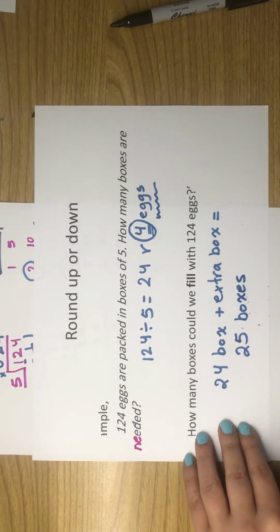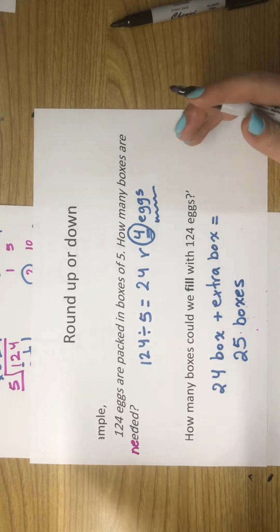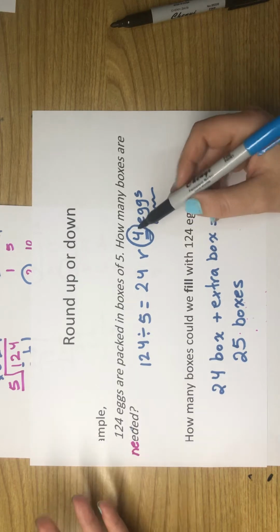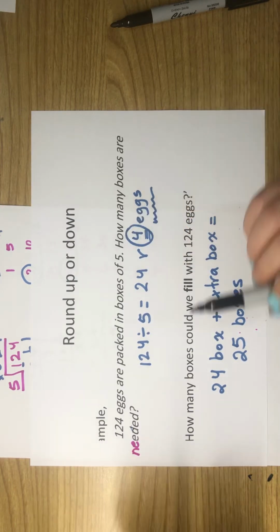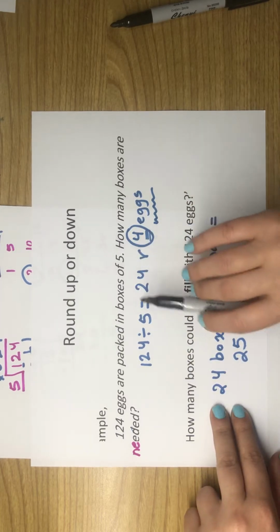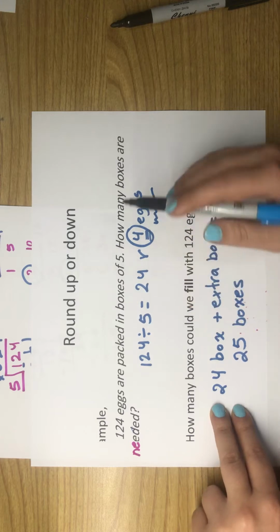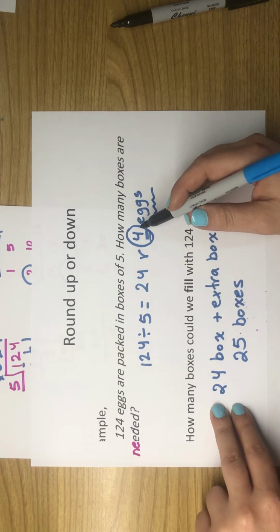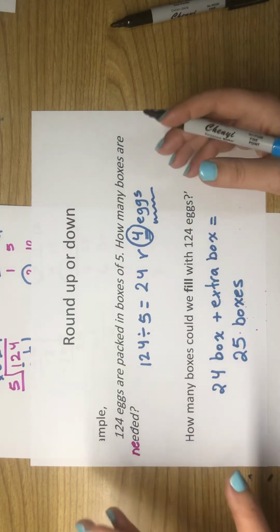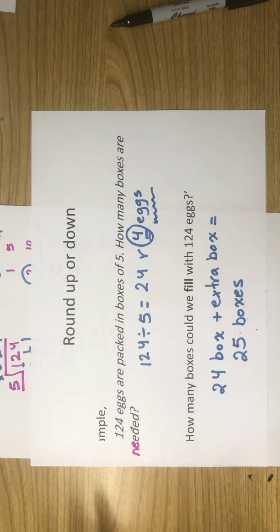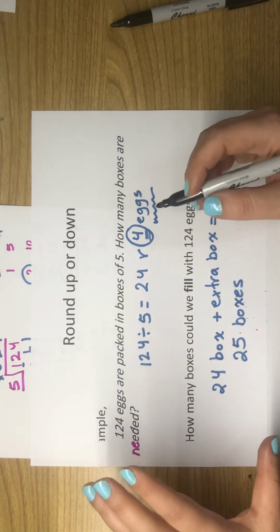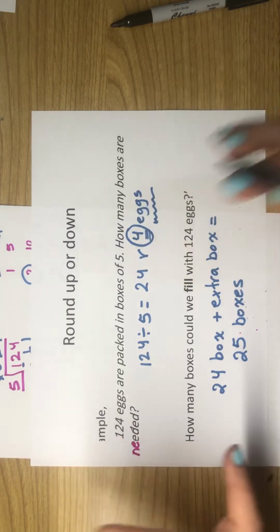Okay, this is why I needed you to know this example, because the leftover remainder needs to be packed into boxes. In such questions, when they ask how many boxes, how many bags, how many cabinets or something needed to fill in the number of items that you are going to divide, you need an extra unit to put the rest, or the remainder, in.